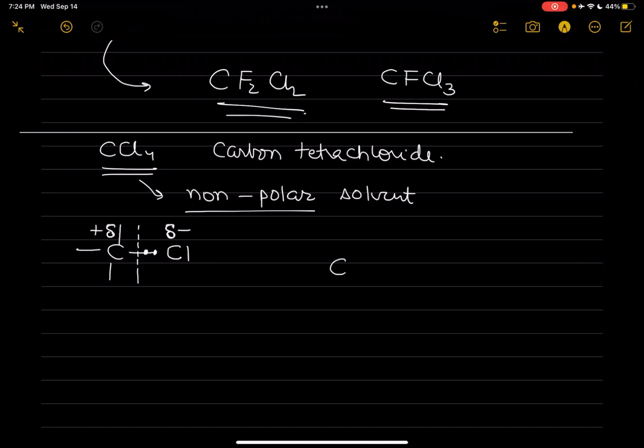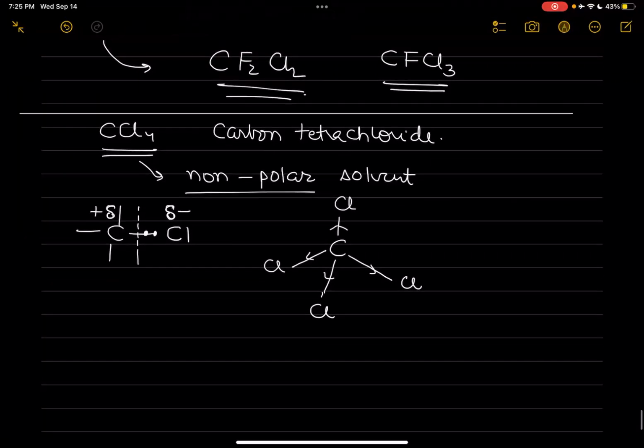But overall, CCl4 is non-polar. Why? In spite of having 4 carbon-chlorine bonds, why is CCl4 a non-polar solvent? Is it because they're symmetrical? Yeah, actually these 4 chlorines are pulling in all directions in equal amount.